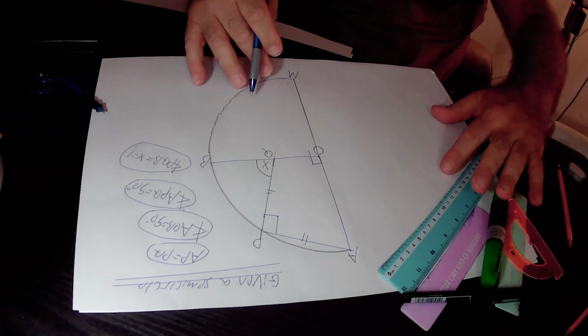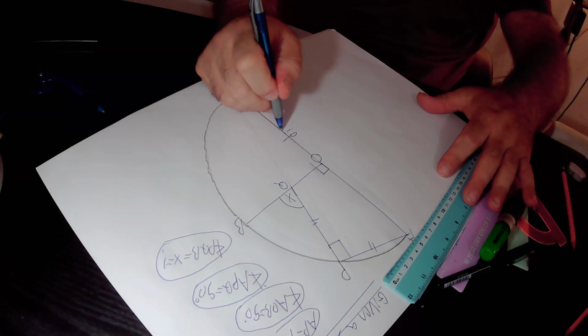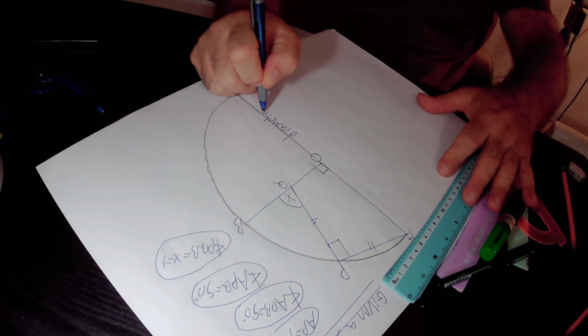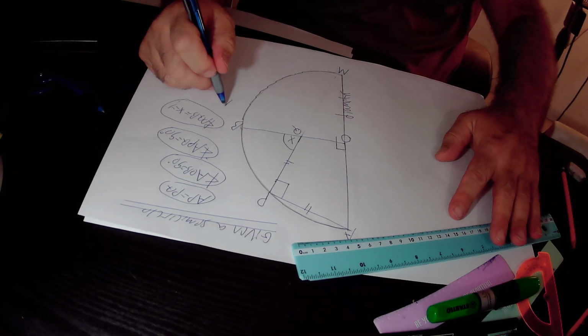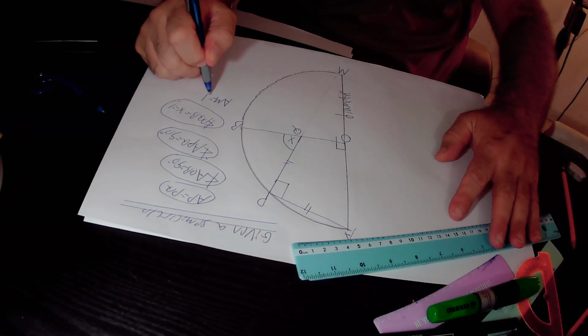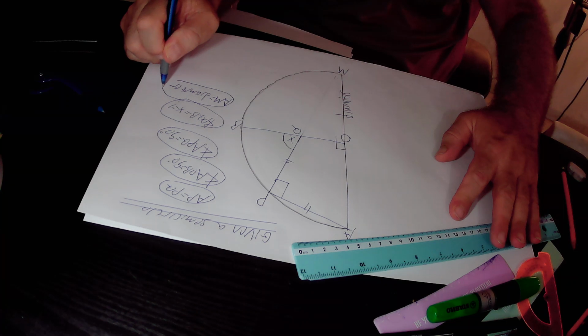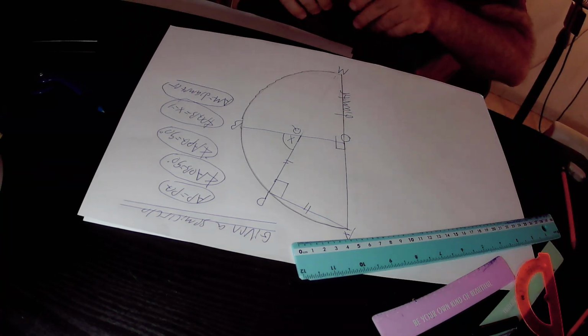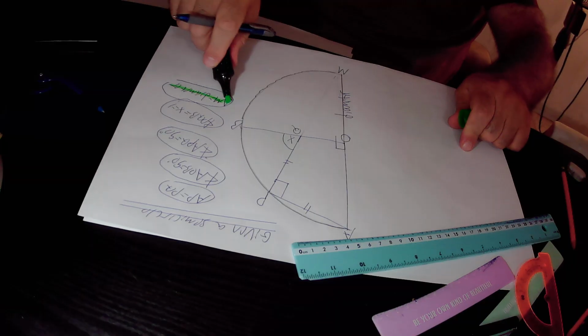So AM is a diameter, it is absolutely a straight line.